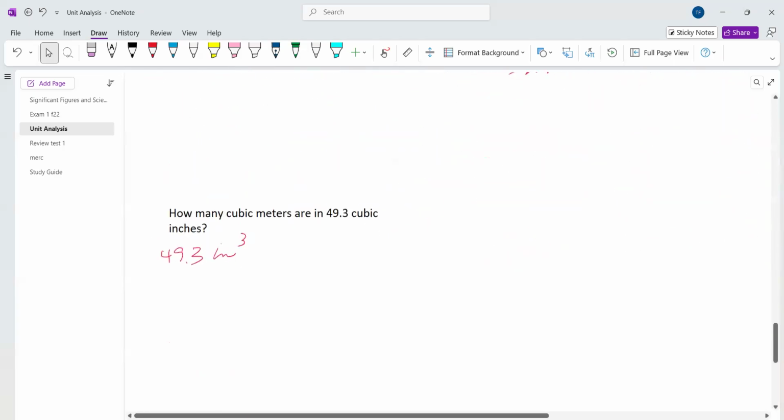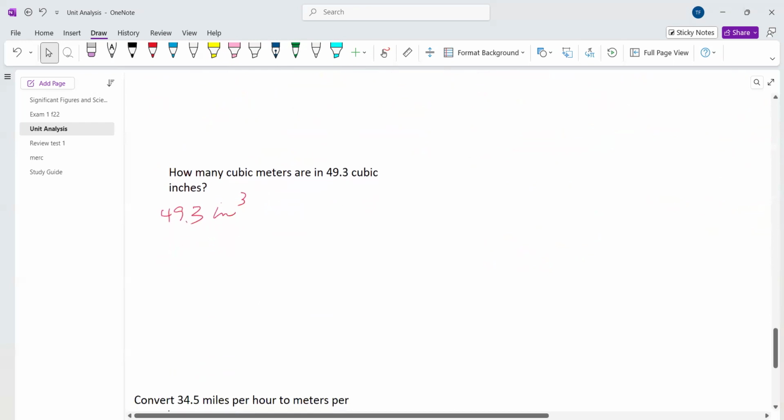All right, so let's do a cubic one. Okay, so we need some conversion factors. Okay, 49 cubic inches. Now, we're not going to cube it because it's already been cubed. So we need the same as up here, actually.